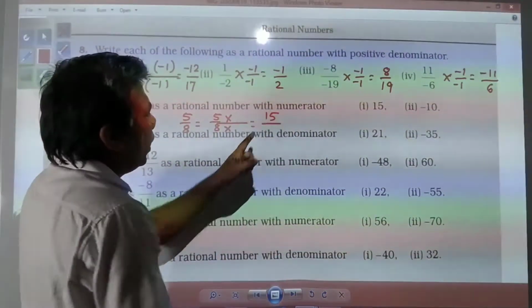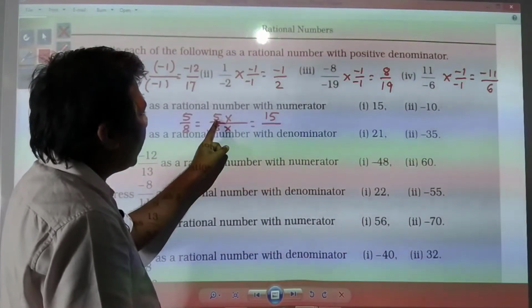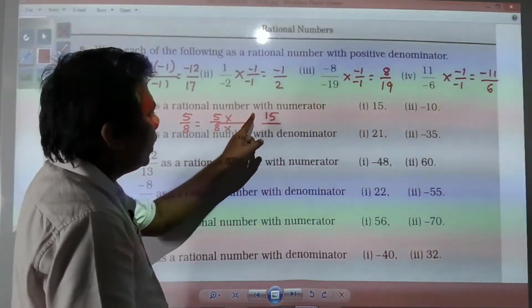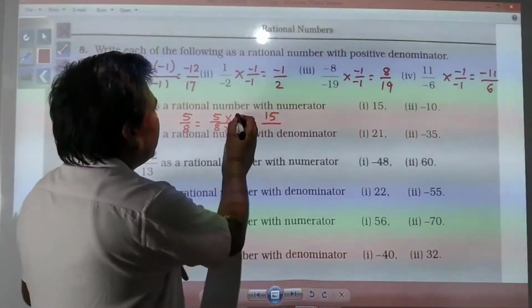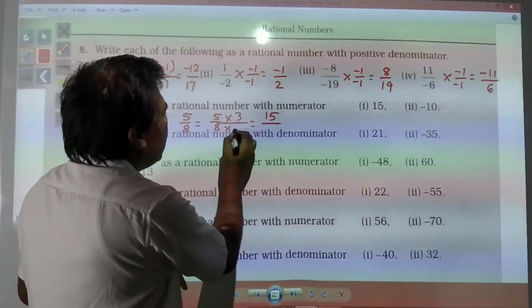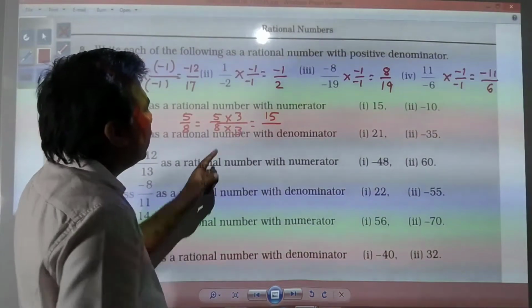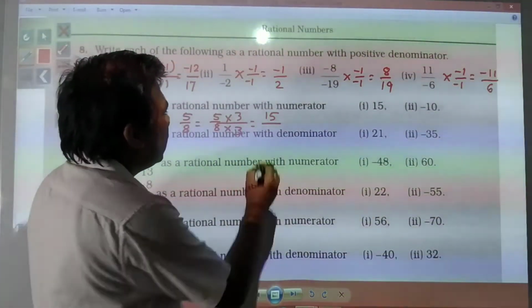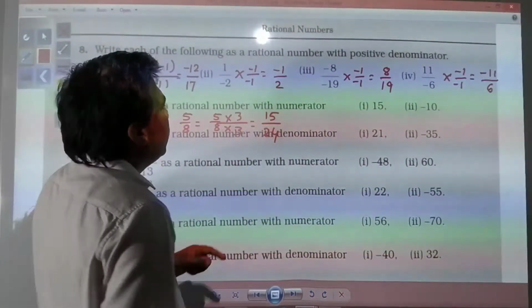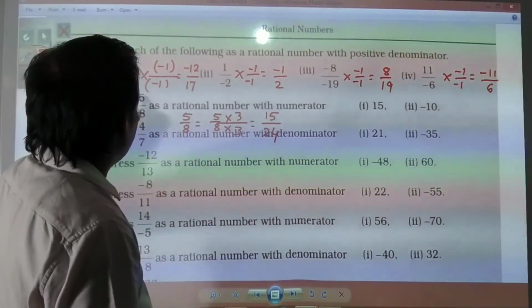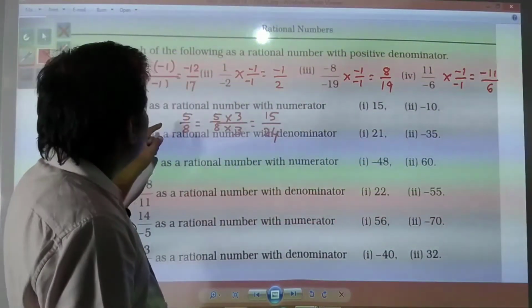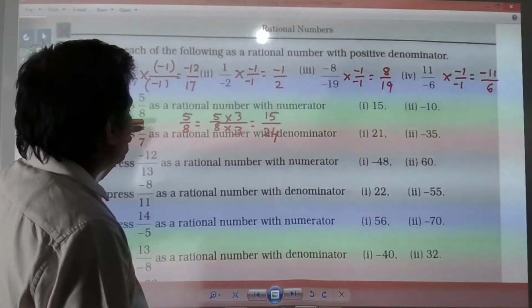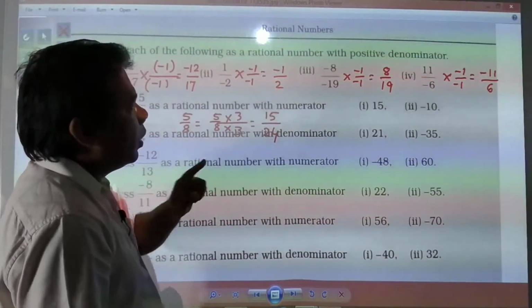So we need to think. 5 times 3 is 15. So 3 you need to write over here, and here also you need to write 3. So 8 times 3 is 24. So if the question is to express 5 by 8 as a rational number with numerator 15, your answer will be 15 by 24.